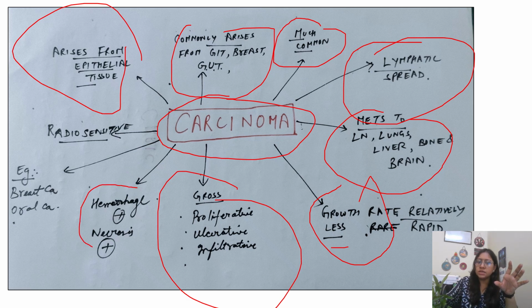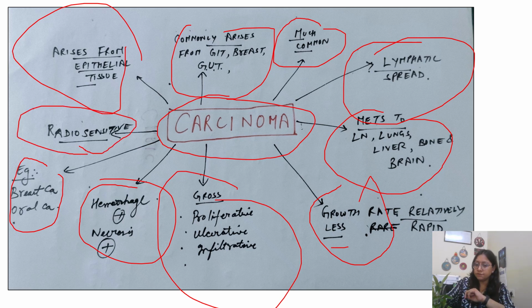There is hemorrhage and necrosis, and these give a variegated appearance: you have solid areas, cystic areas, necrotic areas, hemorrhagic areas, yellow fatty areas, so a different kind of picture on the cut section of the tumor. Examples are breast carcinoma, oral carcinoma, cervical carcinoma. And the good thing is that carcinomas are usually radiosensitive, so they respond to radiotherapy. These are the basic points which you should remember for carcinoma.